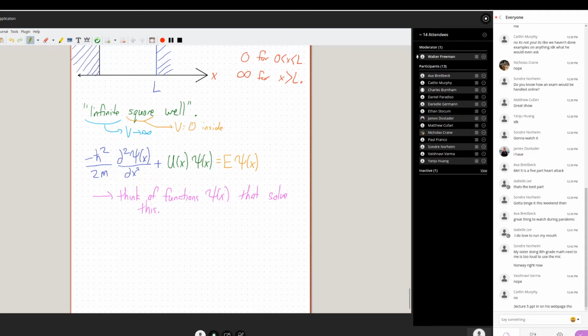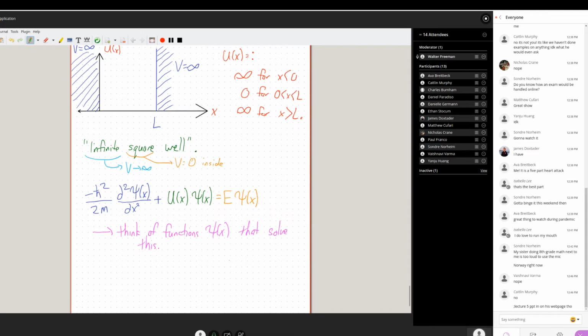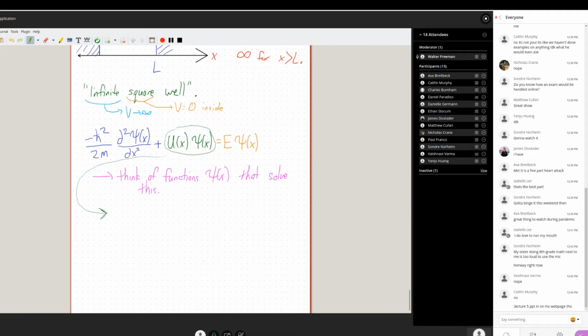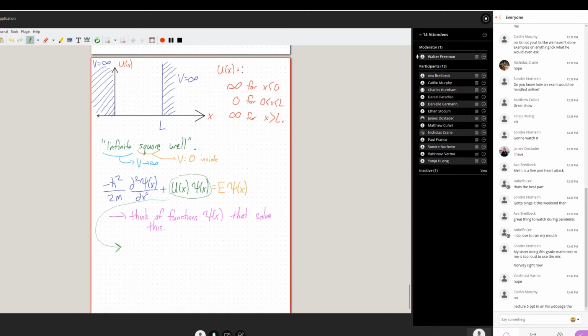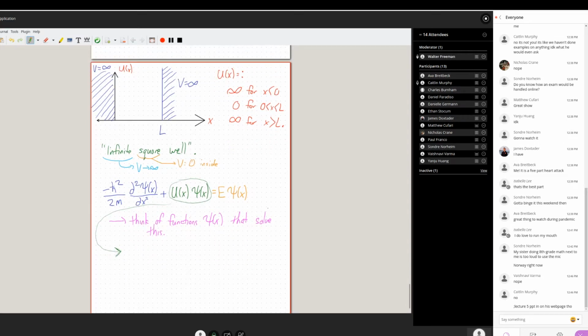Now, one of the things that we see right away is that we have this green piece here. So what is u of x outside the well? What is u of x like for x less than 0? Infinity. Infinity, yeah. So if u of x is infinity, what does psi have to be there to avoid something going wrong? 0.